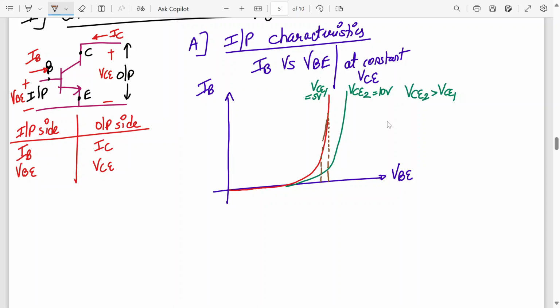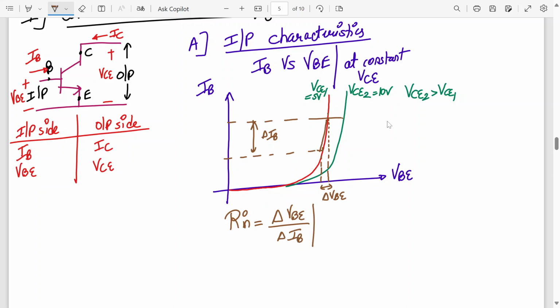A segment of this exponential will be a constant. Yes or no? So I can take the slope of this exponential, that is almost delta IB versus delta VB, and 1 upon slope will give me the input resistance Rin, which will be delta VBE upon delta IB at VCE constant.